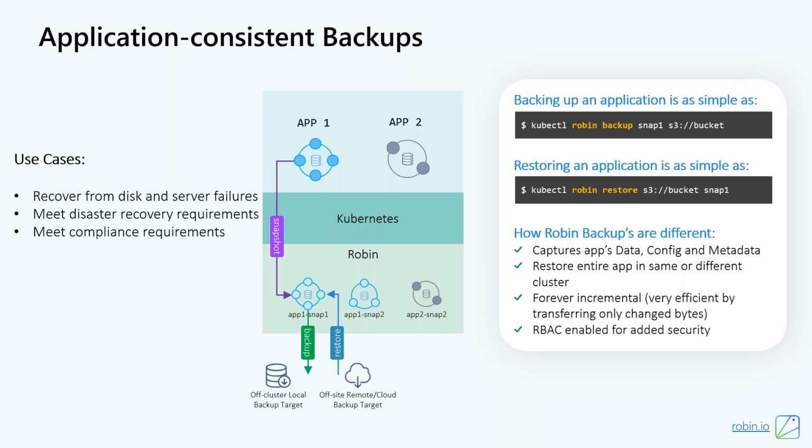And this can be done on a different cluster too, right? So as soon as you do that, Robin will take care of actually bringing all of the components and objects related to the application together, and making sure that the application is now restored to a stable point in time when you took the snapshot.